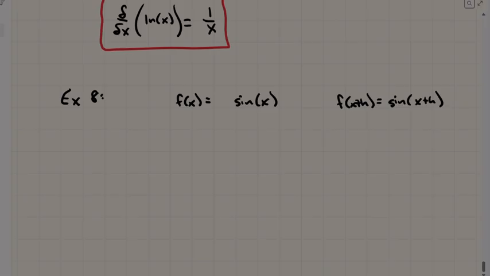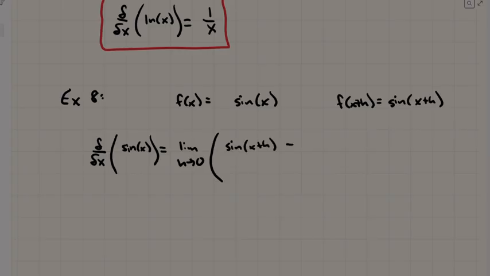So then we're ready to go ahead and try and figure it out. The derivative of sine of x would be equal to the limit as h approaches 0 of f of x plus h minus f of x divided by h.